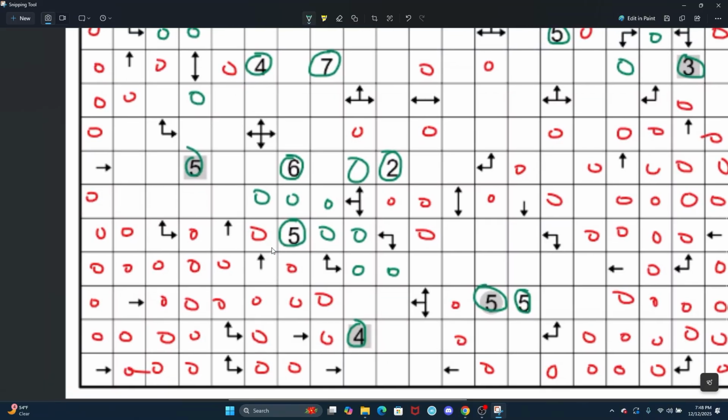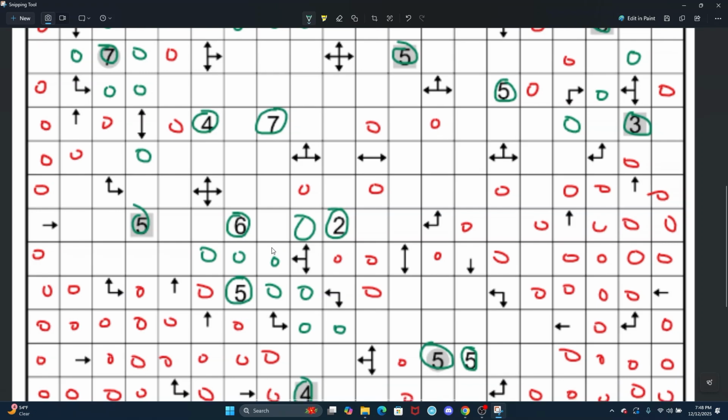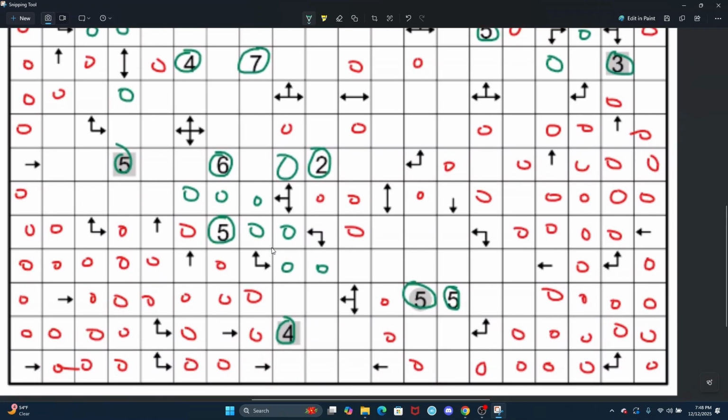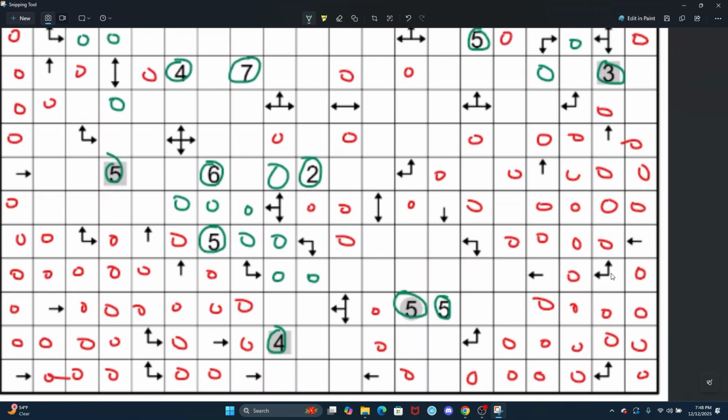What else can we see? Okay, it's a little sneaky, but we can look at this cell with an arrow pointing upwards. Let me switch to red.